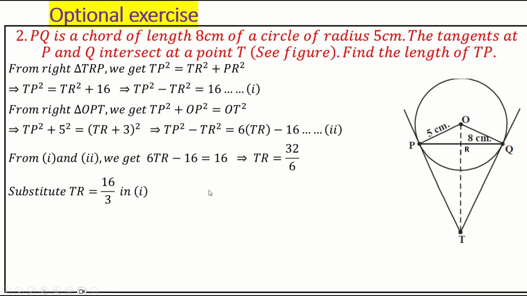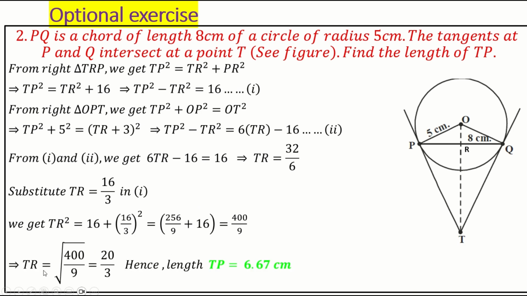Okay, now we know TP square is equal to 16 square plus this value, so 400 by 9. So TP you will get as 6.67. Sorry, this is TP square, not TR square. We are looking at TP, right?